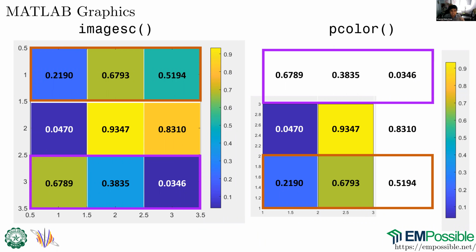Image SC is just the values of your matrix. But if you have a smooth function and you want a better visual of it with some kind of interpolation, you will use pcolor because it is suitable for that.